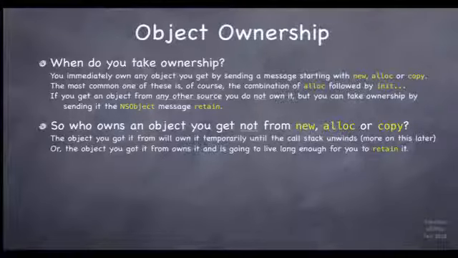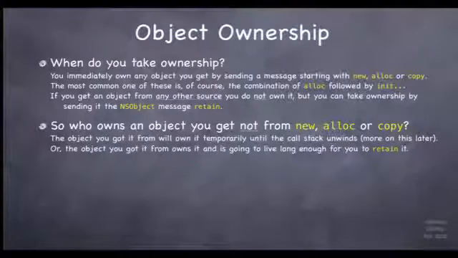They created it for you probably. I make something for you, I want to give it to you. How do I return that from a method? Well, the answer is there's a way to do this temporary ownership. And the only reason you would temporarily own an object is because you want to give it to someone else, and you want to give them a chance to retain it before it gets deallocated.